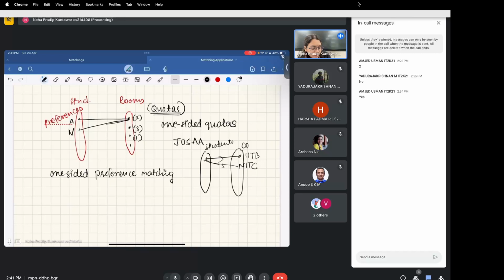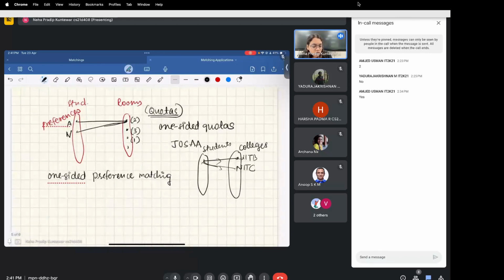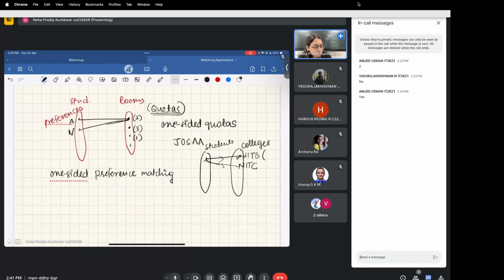And on this side you have colleges. The colleges have a limit on how many students they can accept. So maybe IIT Bombay will say that I have a cap of 100 students, or let's say they have a cap of 150, and so on.